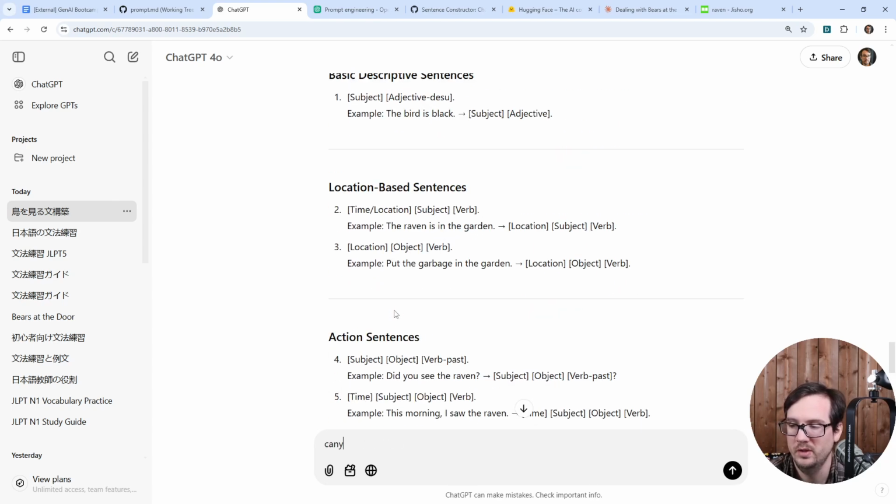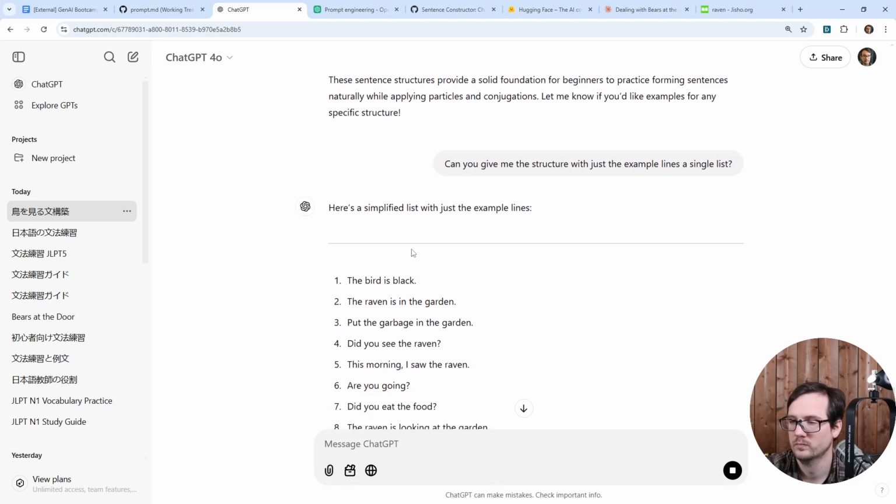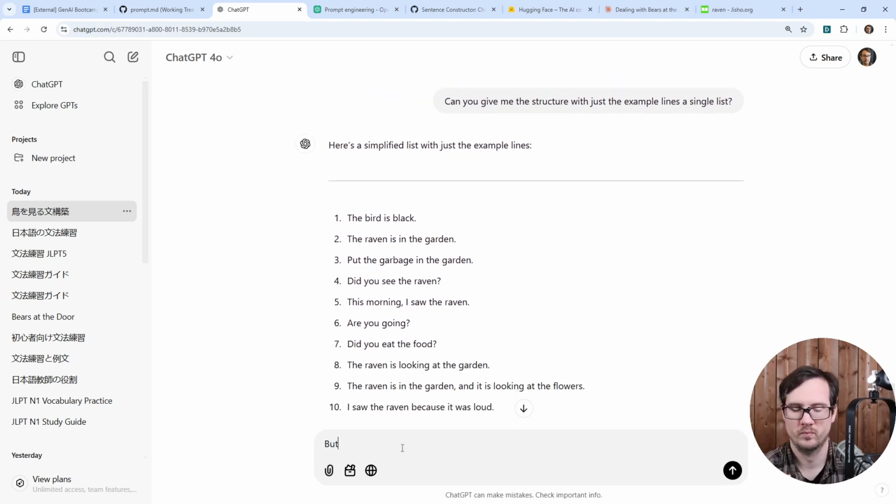Can you just give me the sentence structures? Can you give me the structures with just the example lines as a single list? Okay, but you're missing the whole line.